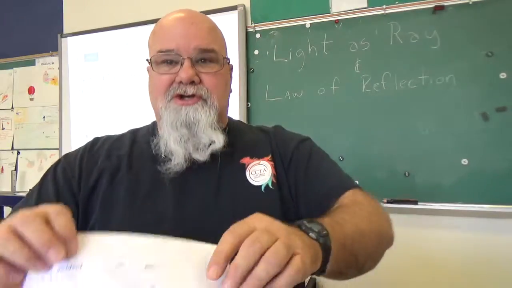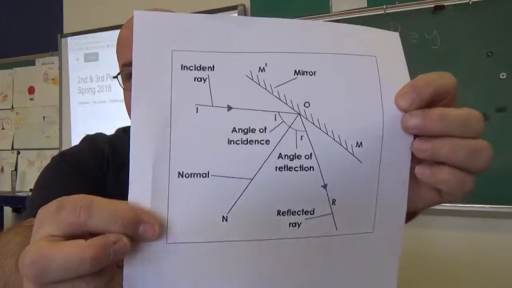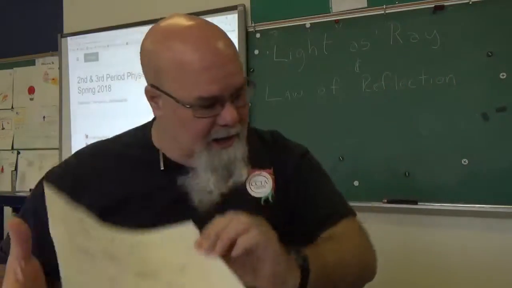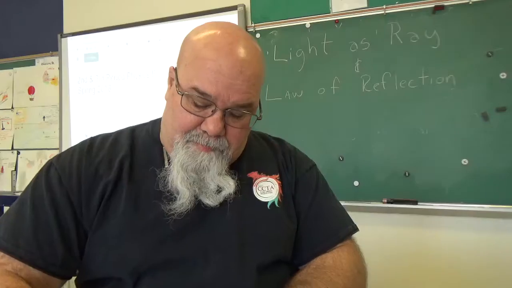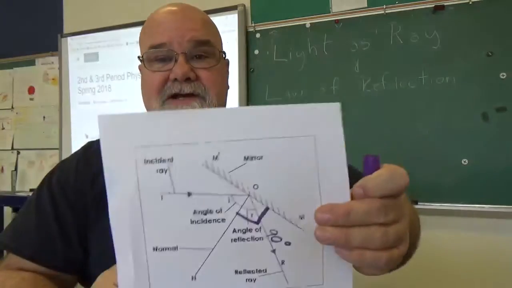For your notebook, you should have a little reference sheet like this, and it's going to show the angles we're talking about. And you notice directly going in, we have a normal line. The normal to the reflective surface, this little dotted line, is 90 degrees.